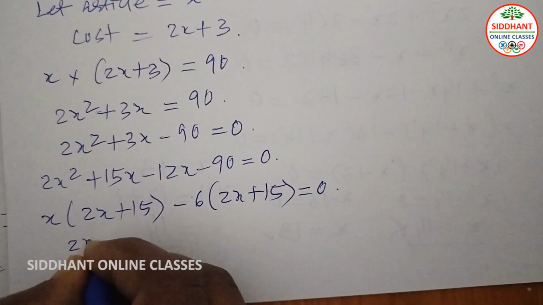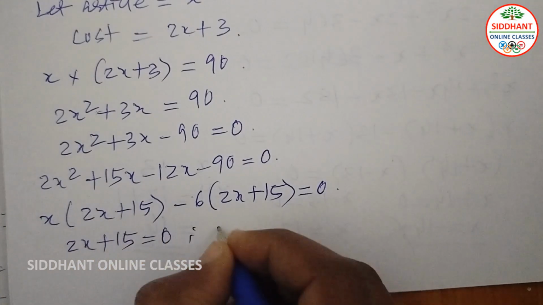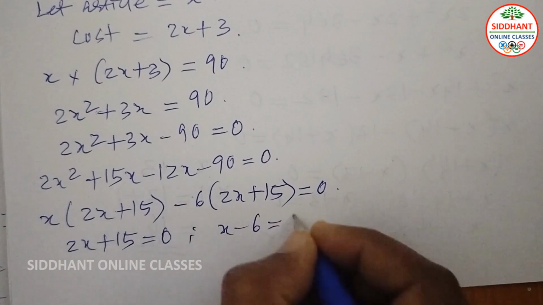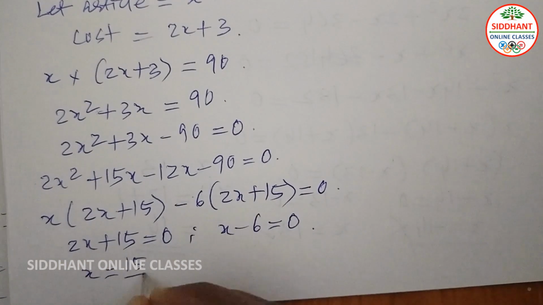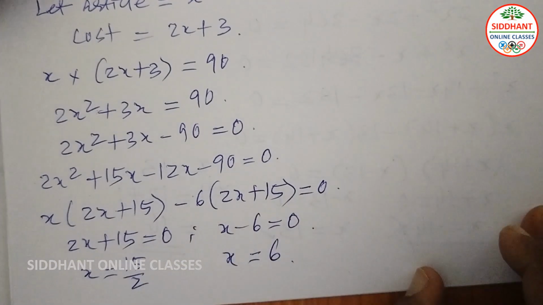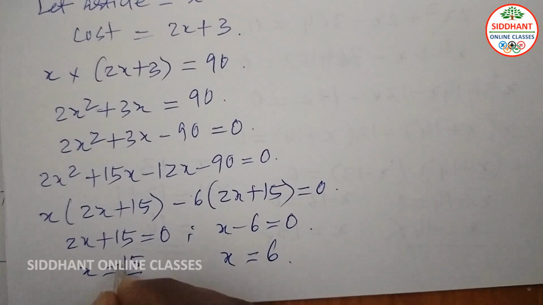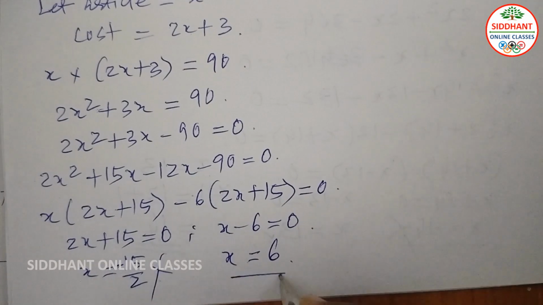So 2x plus 15 equal to 0, x minus 6 equal to 0. So here x equal to minus 15 by 2 and here x equal to 6 here. So omitting the negative value, taking x equal to 6 here.